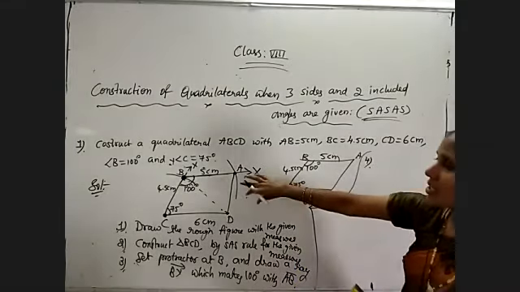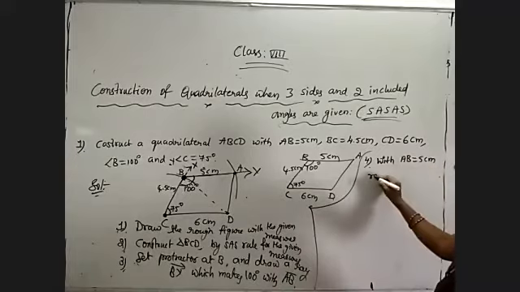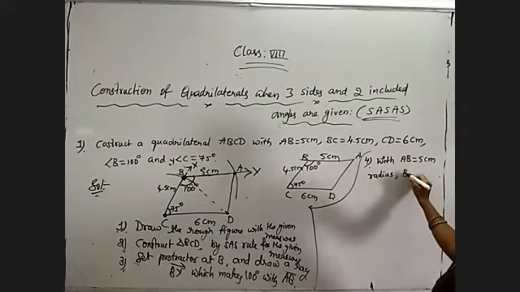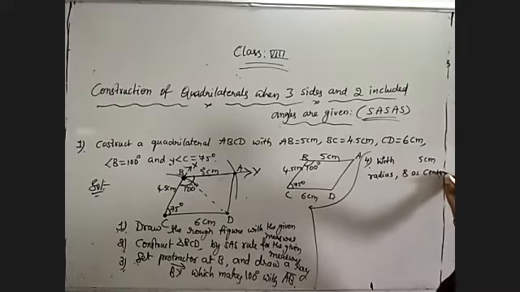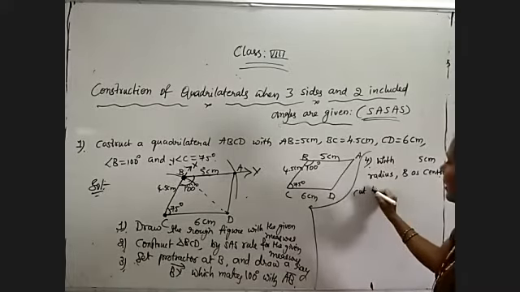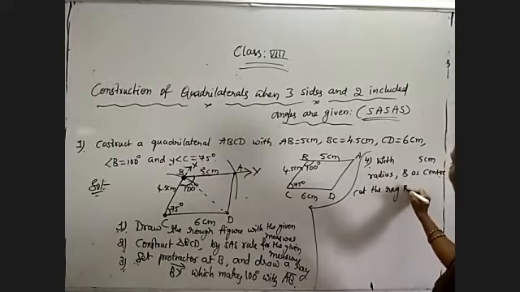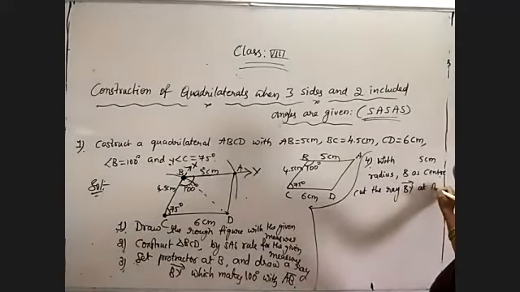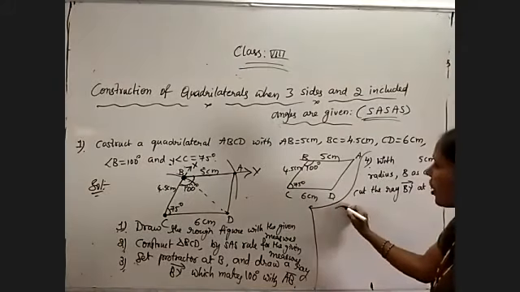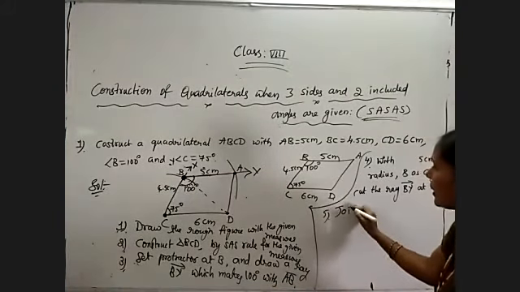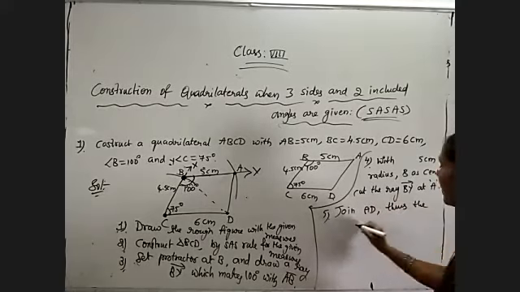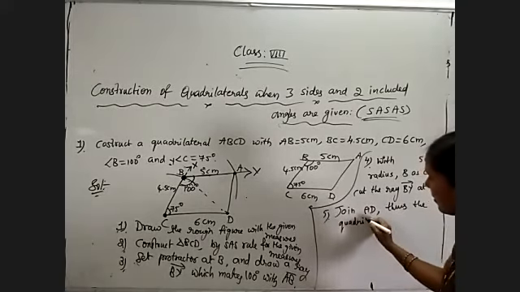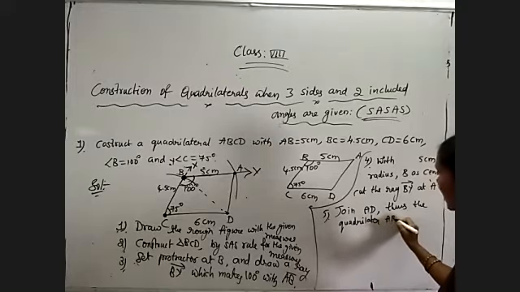So with AB equal to 5 centimeters radius, B as center, cut the ray BY at A. Join, and my fifth point, join AD, thus the required quadrilateral. Thus the quadrilateral ABCD is formed.